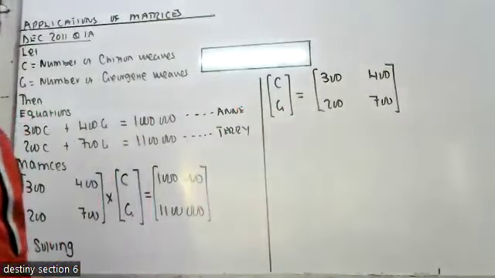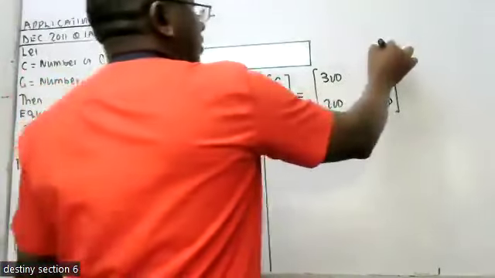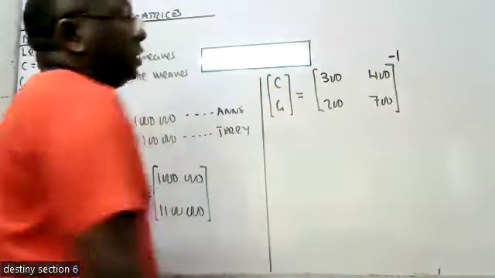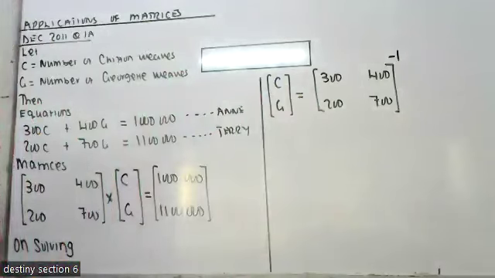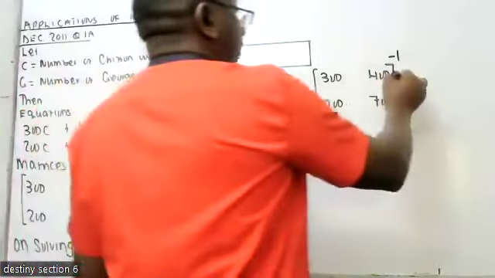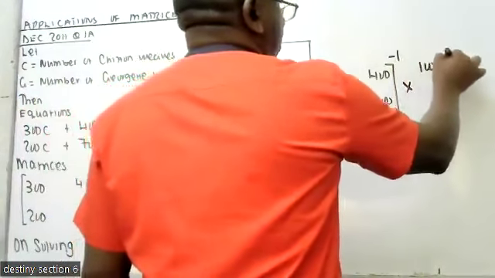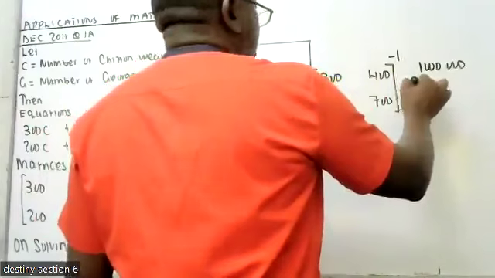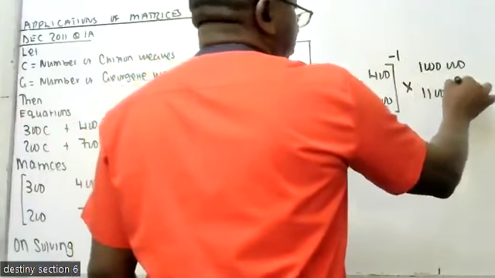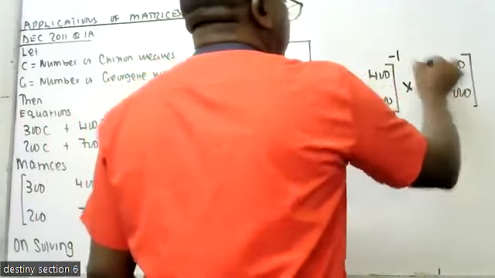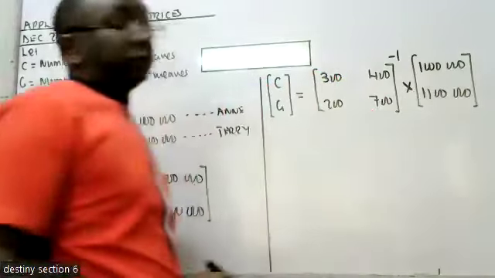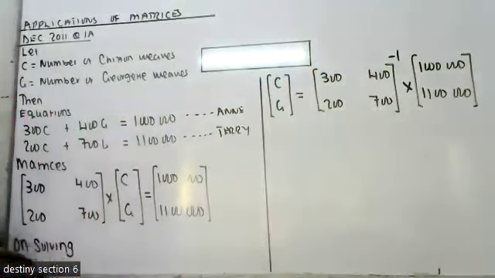And because it has changed position, it comes in with an inverse. To multiply 1 million and 1.1 million. That way.